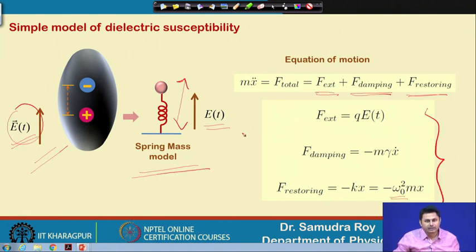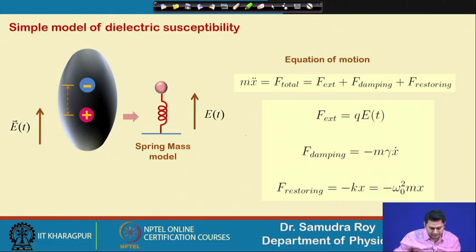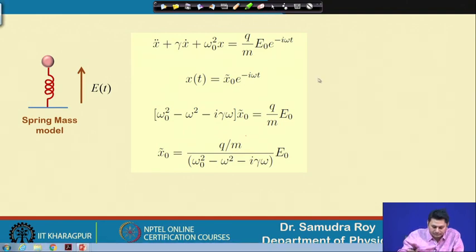With this amount of force, we can have the equation of motion here, and this equation of motion can be represented in terms of the displacement x. If I try to find the displacement under the application of an electric field, it should be like this.